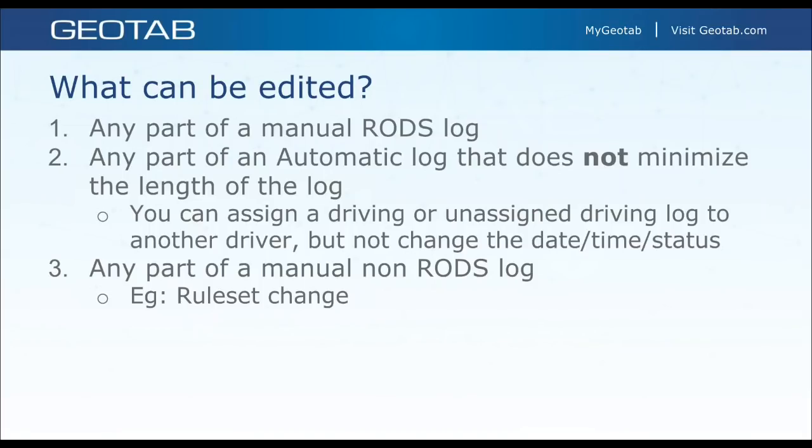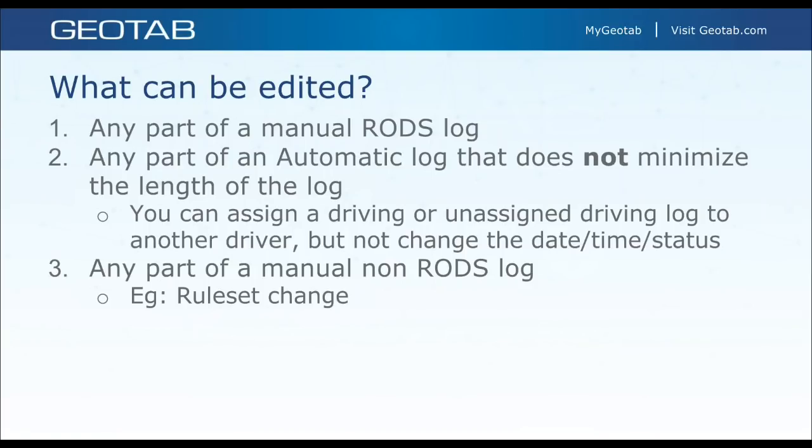Now, automatic logs, well, you can also edit automatic logs too, to a certain extent. An automatic log is any time that the system creates the log based on the vehicle movement. So those automatic logs about going into drive and going into on duty when the vehicle starts and stops. Those are what we're talking about here. Those automatic logs, you can still edit them to an extent, but you can't minimize the length of that log.